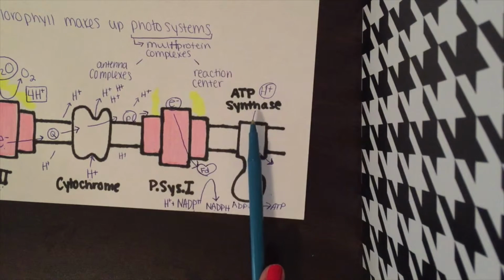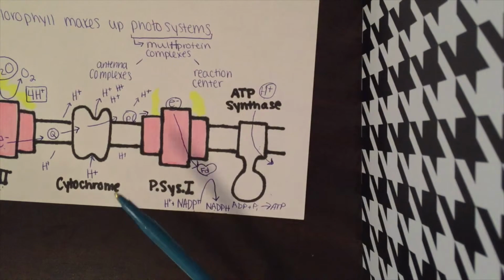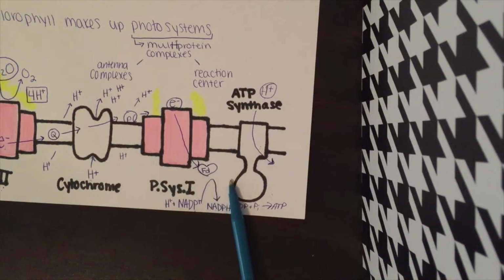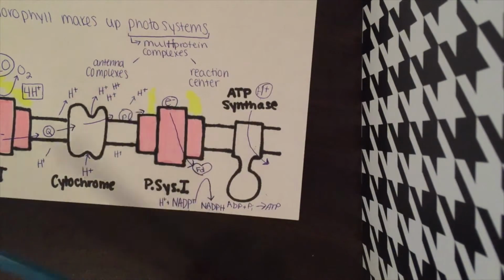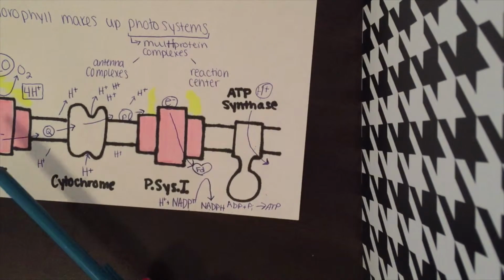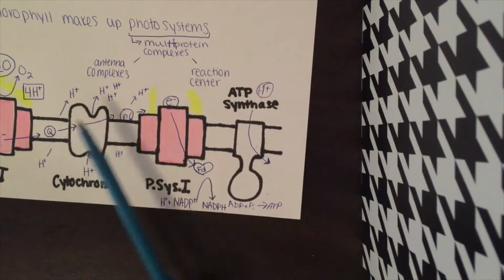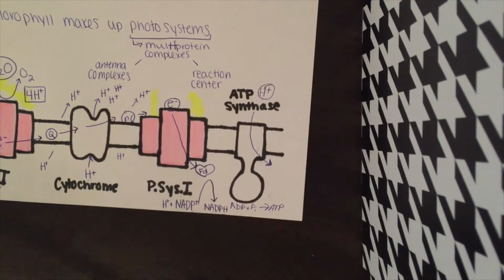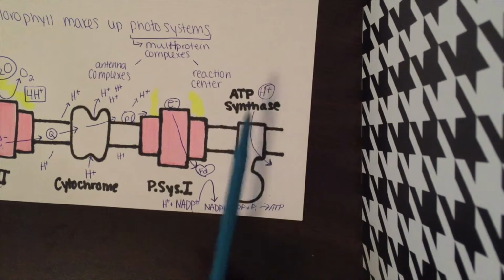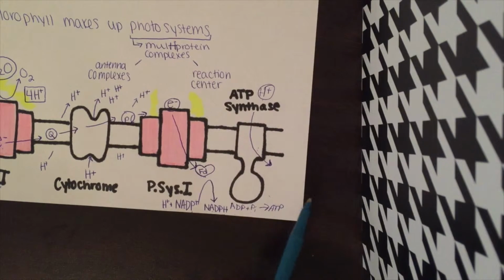So, we left off with the ATP synthase. Again, you'll probably recognize this from cellular respiration. What's happened is, as the electron from H2O is going through the electron transport chain, hydrogens are constantly being pumped out into the thylakoid space. It happens in both of the photosystems. These two proteins bring it out, and the cytochrome pumps a lot out. So we have a very uneven amount of hydrogens out in the thylakoid space than we do in the stroma.